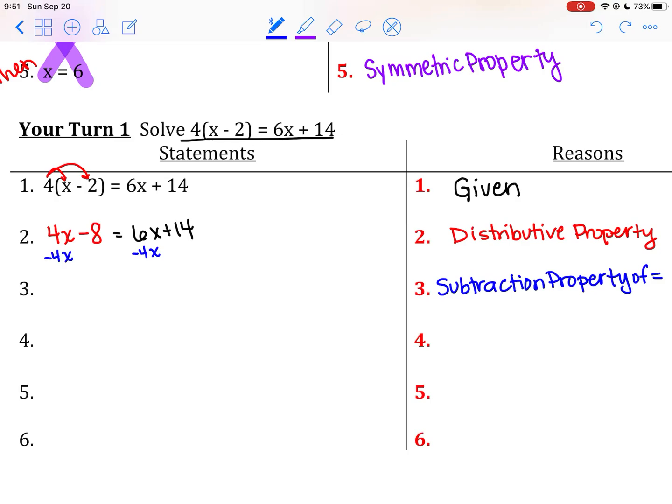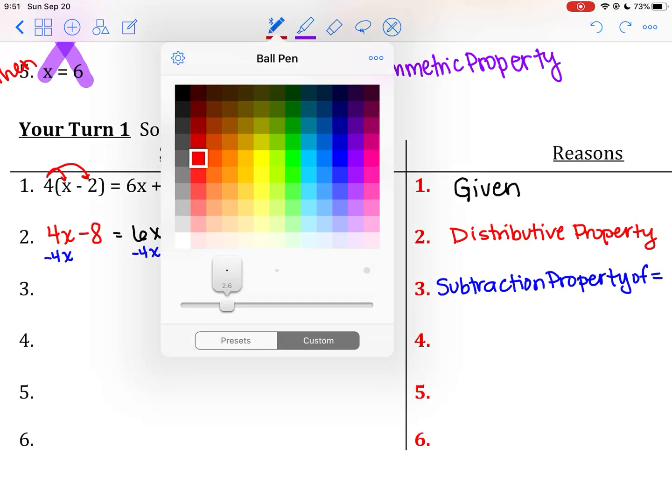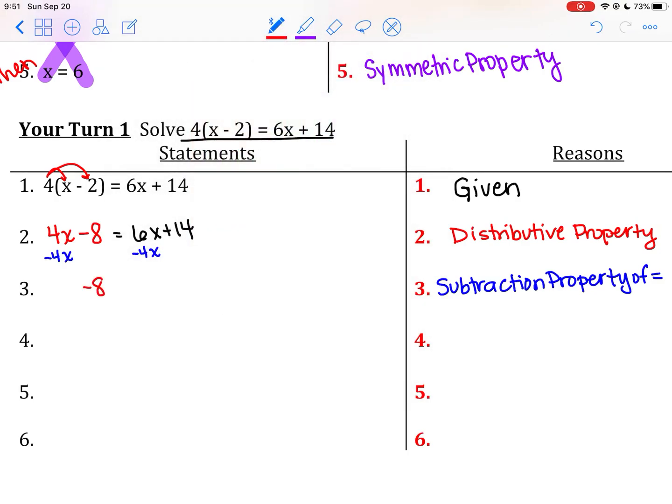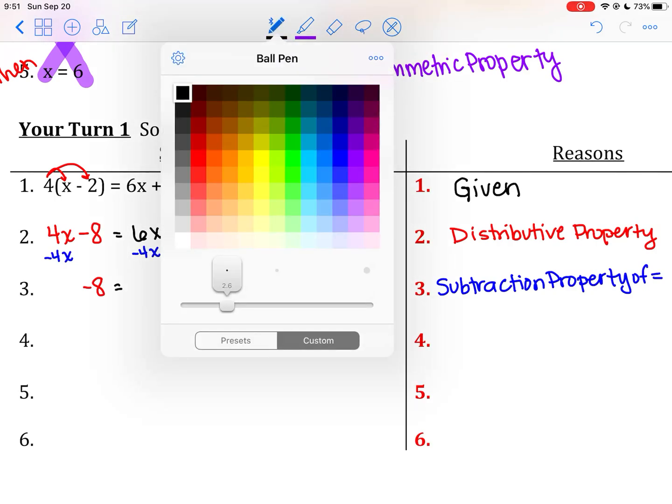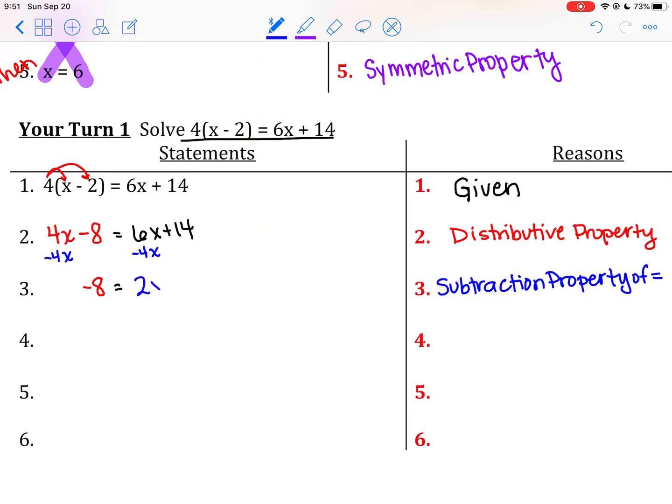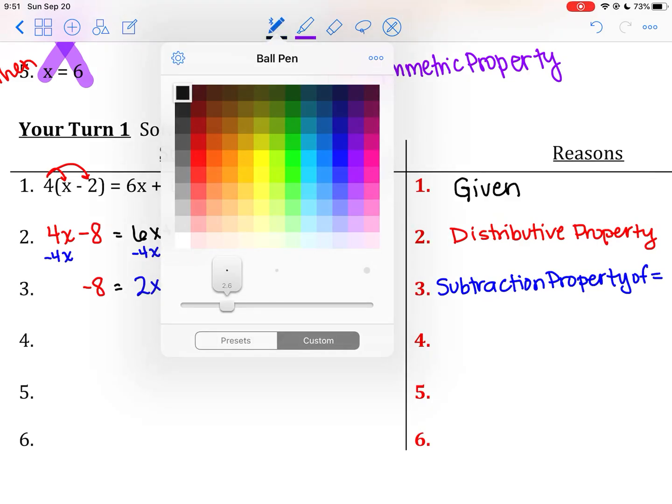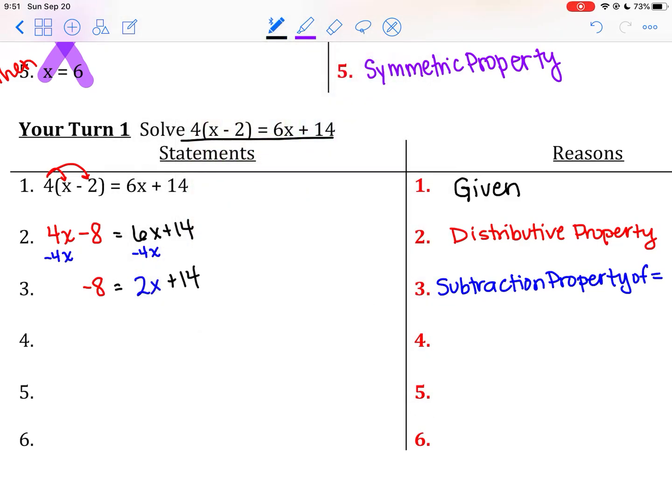If I keep leaving things the color that they were, the negative 8 didn't change. The equal sign didn't change, but 6x minus 4x is 2x, and then the plus 14 hasn't changed. So, color coding, the 2x came from the subtraction property of equality.